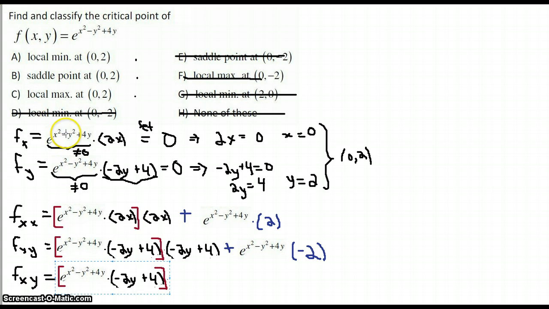Derivative of the first with respect to y times the second would be this again. And then for the other part, plus the first times the derivative of the second, which is 0.